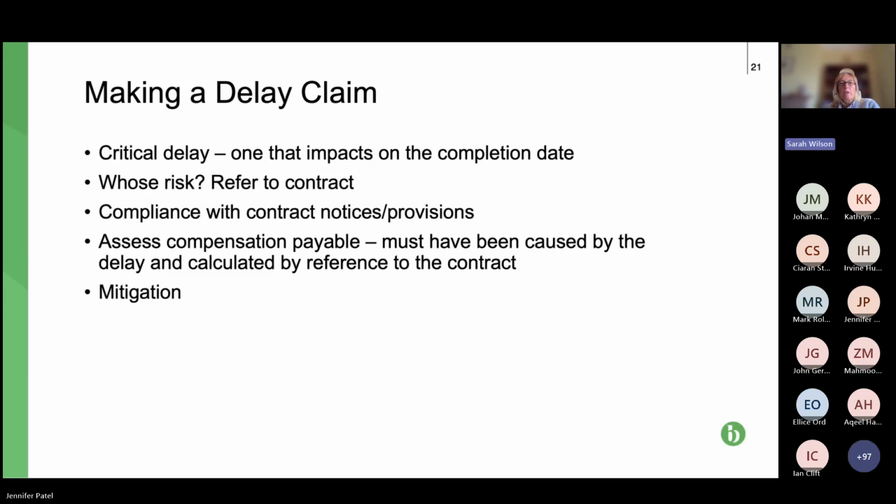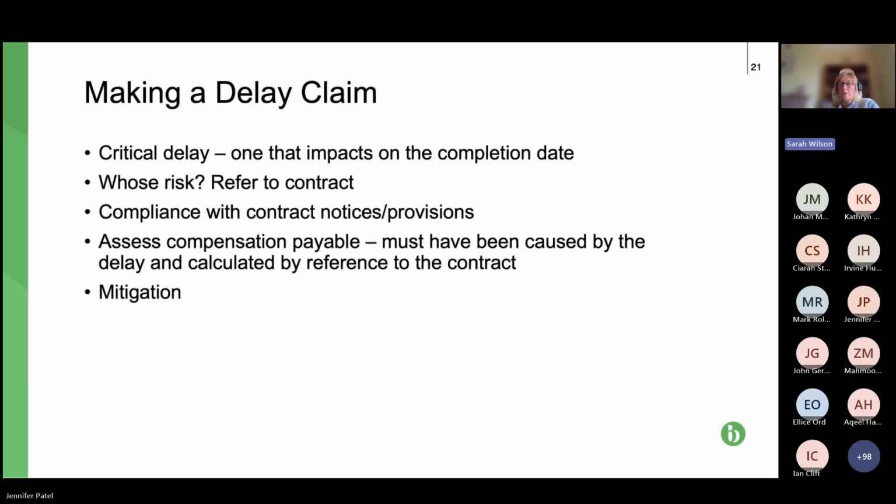Okay, so looking at a delay claim as a fundamental under a construction contract. This would apply to JCT, it would apply to NEC, a bespoke construction contract. If you're looking at a delay claim, you are looking at critical delay, so something that impacts on the completion date.